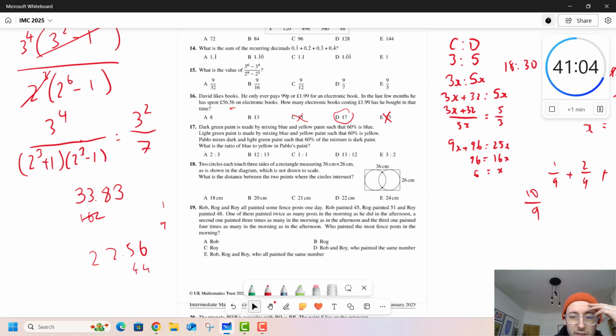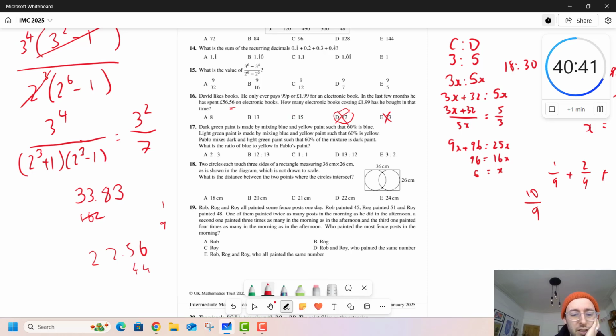I don't think it can be 17, because I need another 23 books. He needs to buy at least 23 books. And if you take away 23 from this, that gives you 60. I don't think it's 17. Okay, let's try 15.